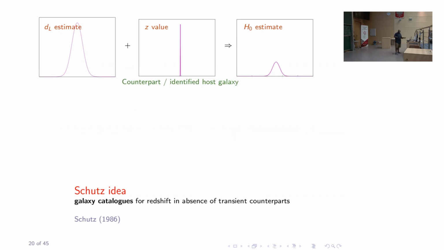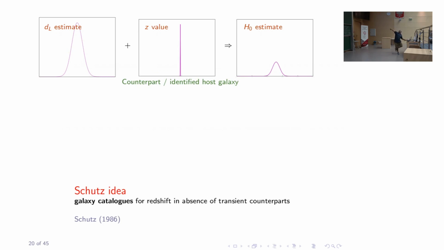Let us assume that we have a distance estimate coming from a gravitational wave source, and let's say a very sharp Z value, a very sharp redshift value coming from a counterpart or an identified host galaxy.